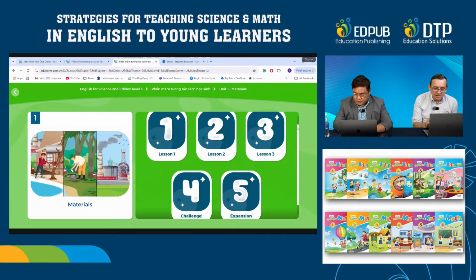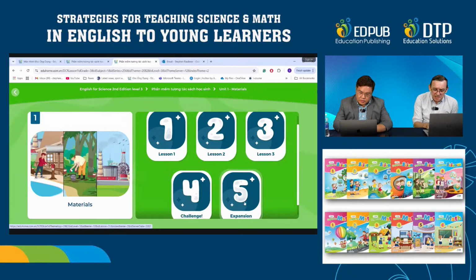So every unit has 3 main input lessons. Lessons 1 and 2 kind of focus on vocabulary and set structures. Lesson 3 is more concept based and also more cultural, community based. And lesson 4 is a review.